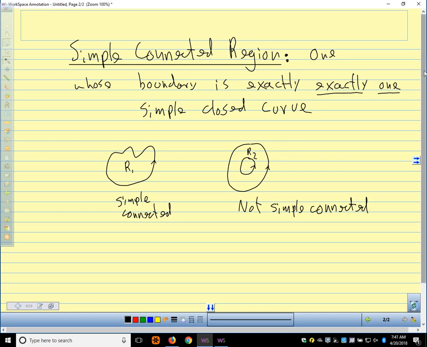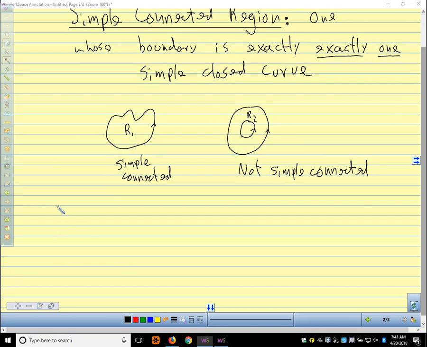And for a simple closed curve, we're going to define the orientation, the positive orientation. It's going to be counterclockwise around the region.